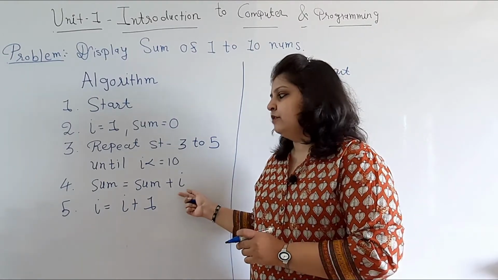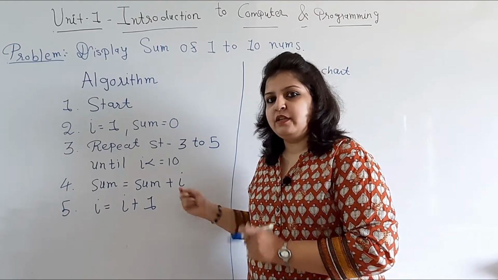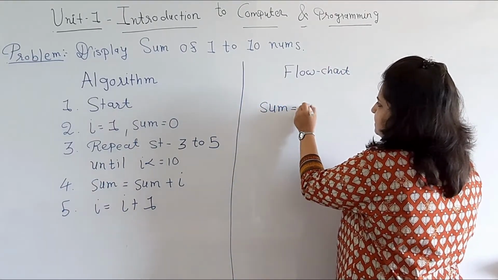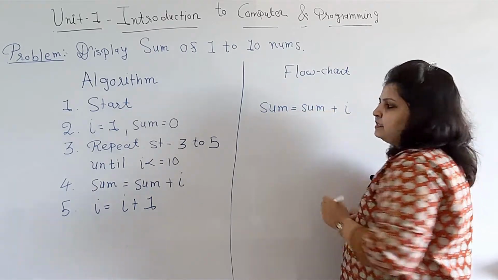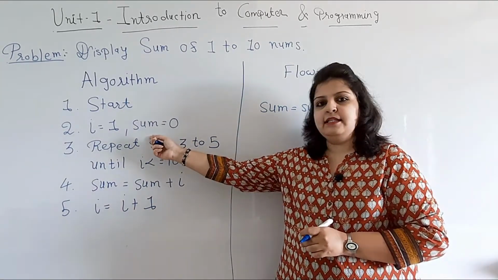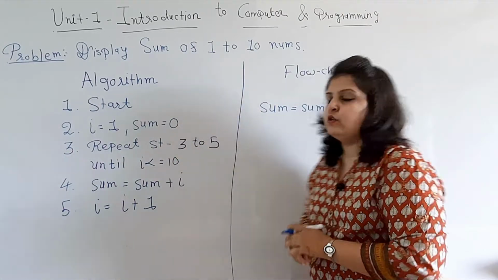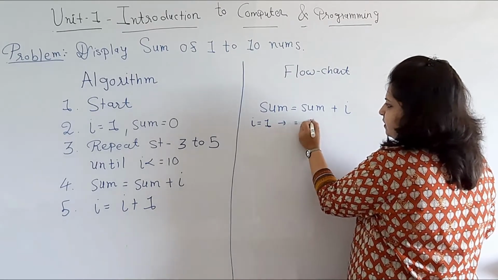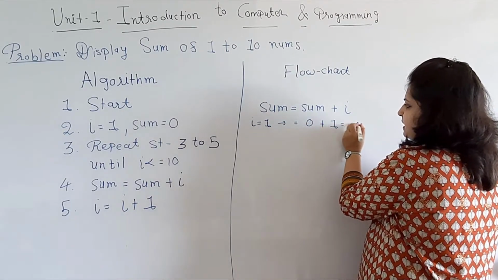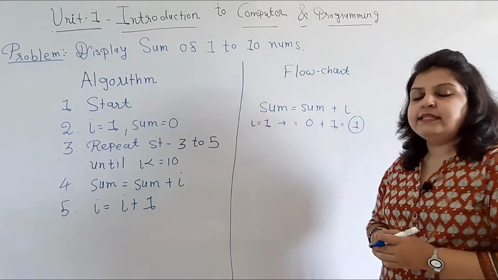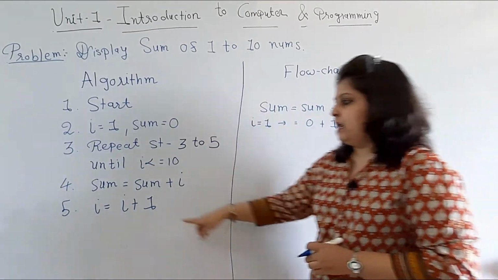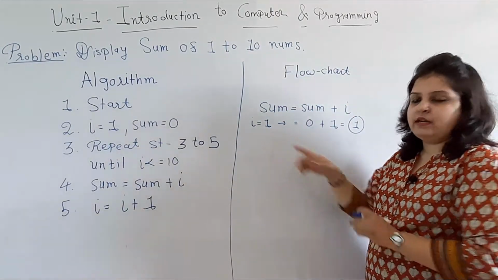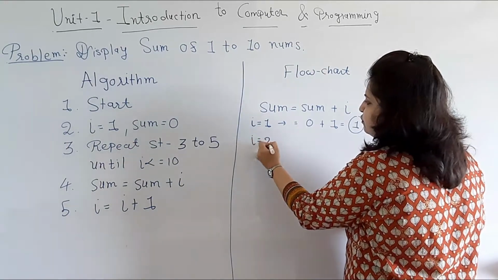Now let us see how these statements execute in repetition. Our formula is sum is equal to sum plus I, and initially I is equal to 1 and sum is equal to 0. So when I is equal to 1, our sum is 0 plus 1, that is 1. The next statement is I is equal to I plus 1, meaning 1 plus 1, so our next I is 2.